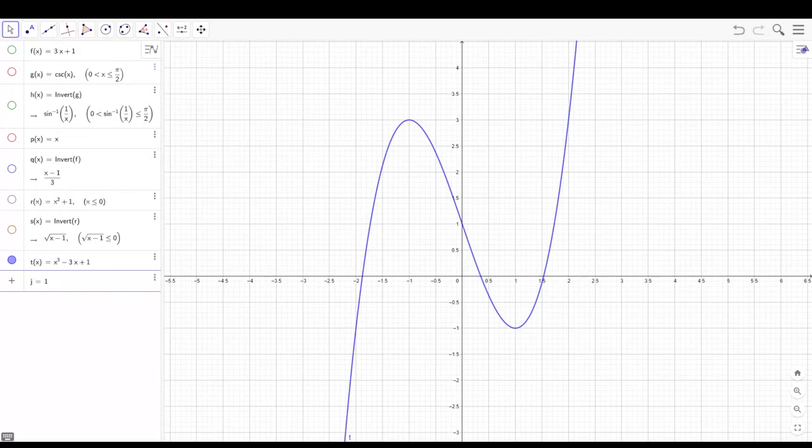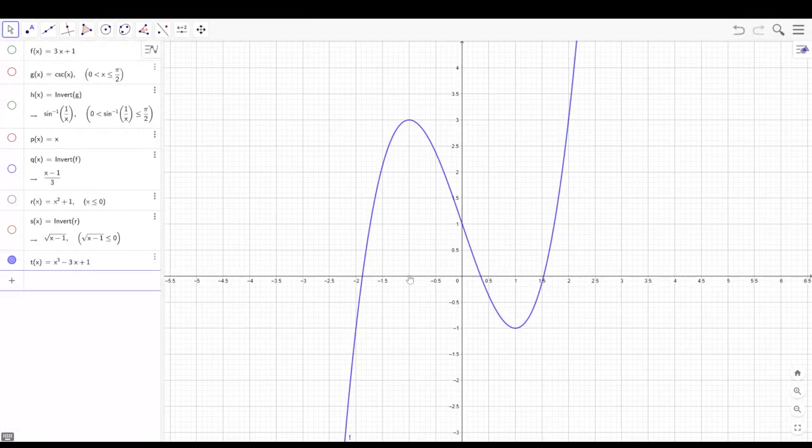If I consider this horizontal line, it cuts once, twice, and 3 times. Okay, so this obviously isn't a one-to-one function everywhere, but we can slice it up into 3 parts where the function is one-to-one.